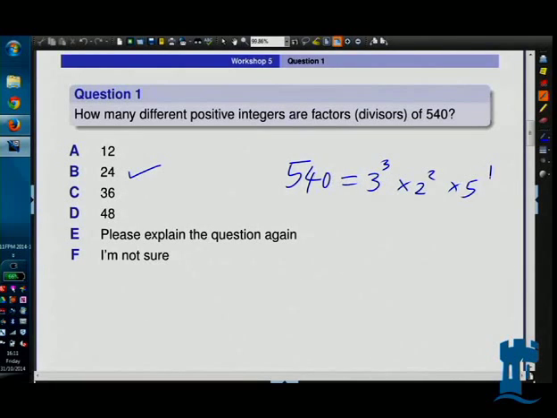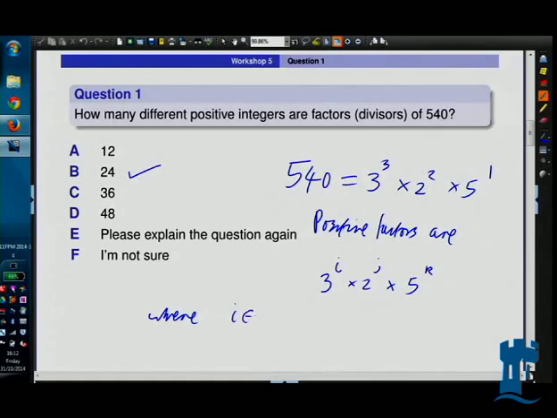Okay? And then you have to figure out what are the factors. So the positive factors are 3 to the i times 2 to the j times 5 to the k, where i is only allowed to be 0, 1, 2, or 3.